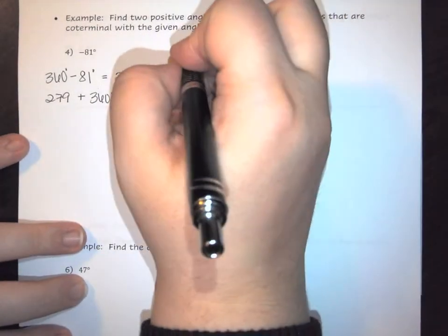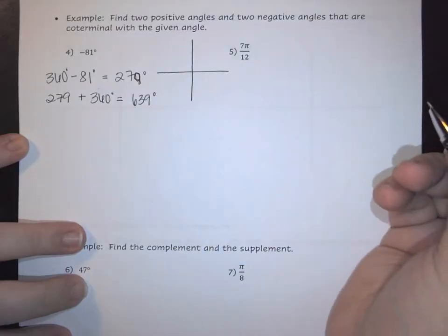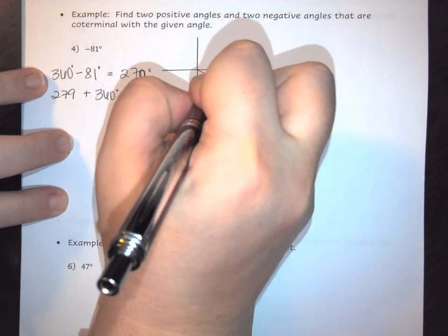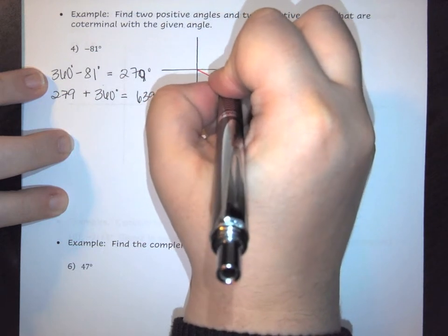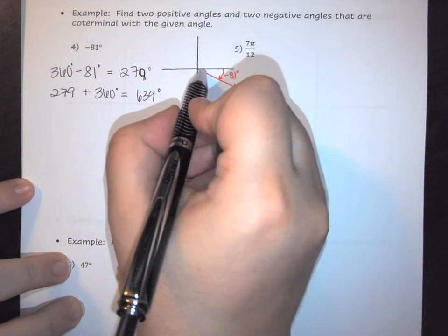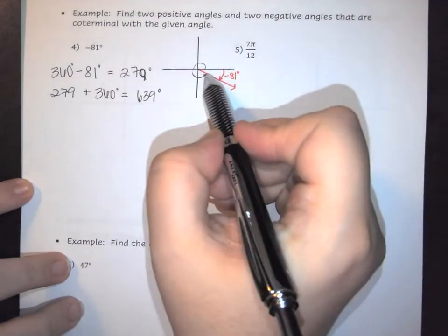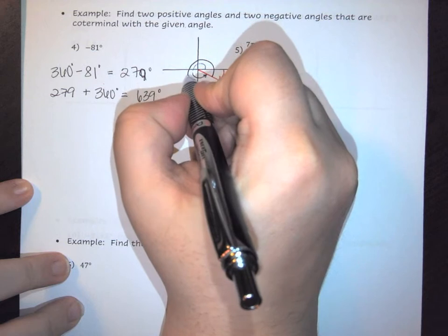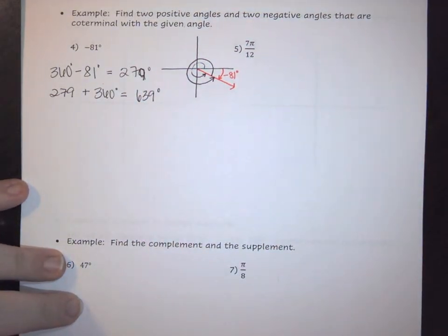Okay, so if we want to look at what that looks like, we would have our quadrants, and our measure is sitting right here. This is where we spun at the negative 81 degrees. So what we did was we found out what happens if I rotate this the positive way, and then we said, okay, now I'm going to go in the positive direction a full rotation. Okay, so that's what we did.